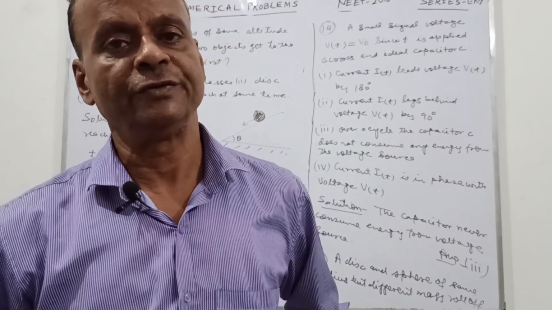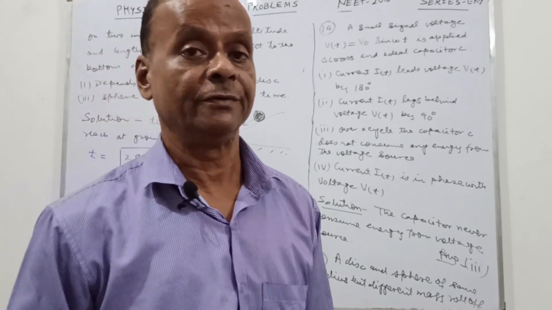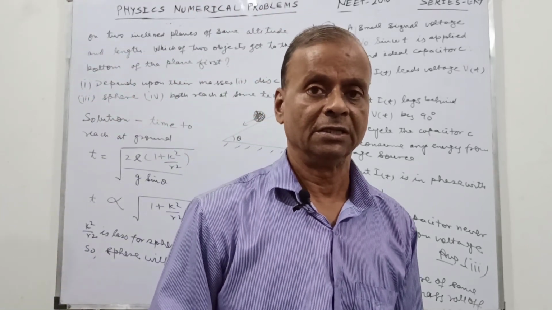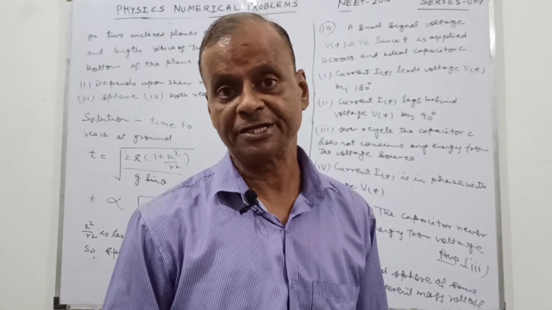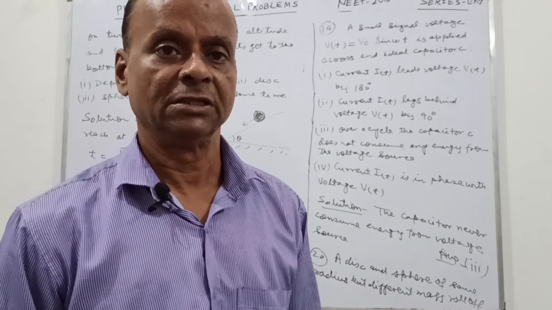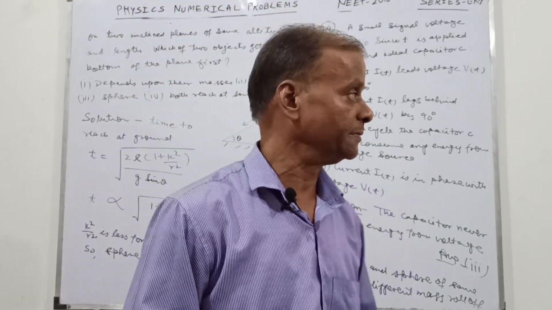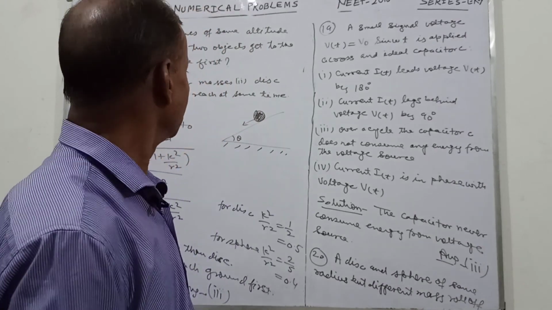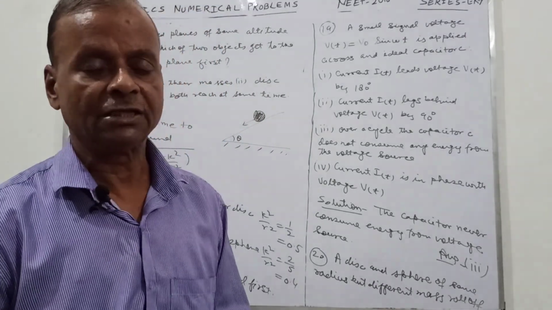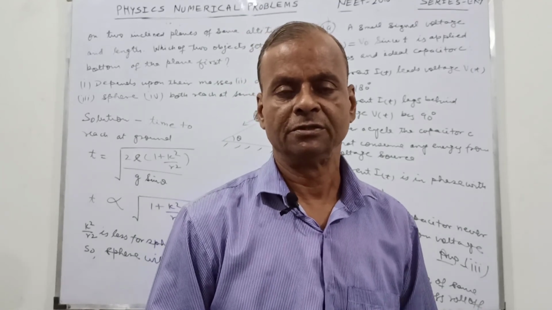So the bodies for which k squared upon r squared is least will reach the ground first, and for k squared upon r squared maximum will reach the ground later or at the last moment. So this is question number 20. These are questions 16 to 20 of NEET 2016. Thank you.